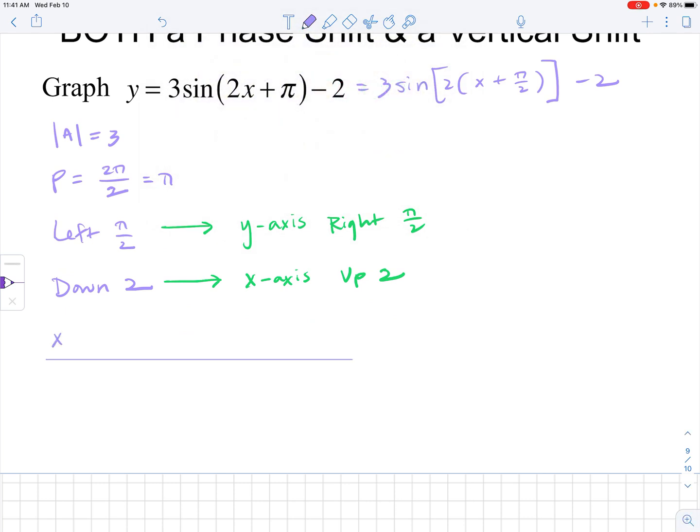To get the shape of the graph, I make the table for the non-shifted version of the function, which is 3 sine of 2x. Dividing the period by 4, that means our x-axis is going to be scaled by pi over 4.